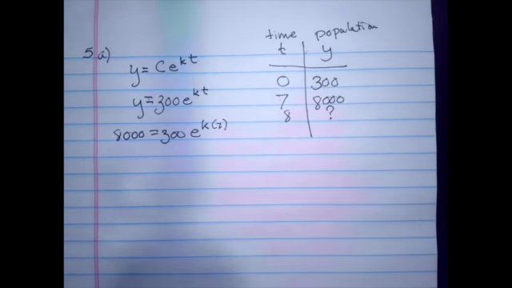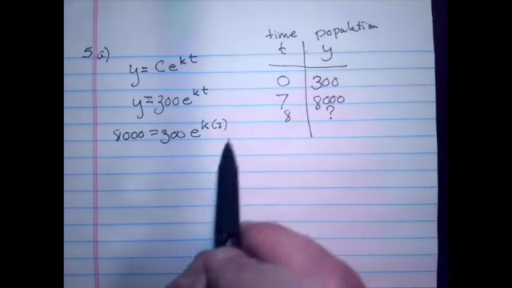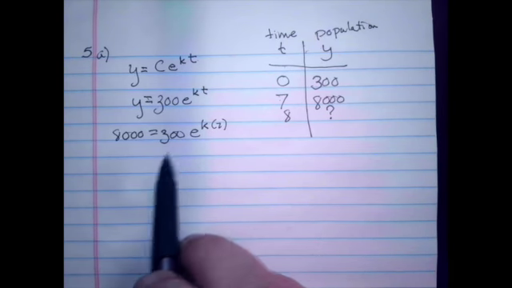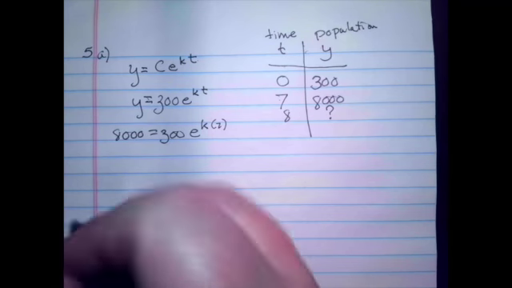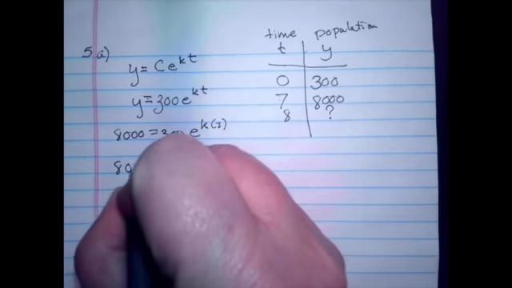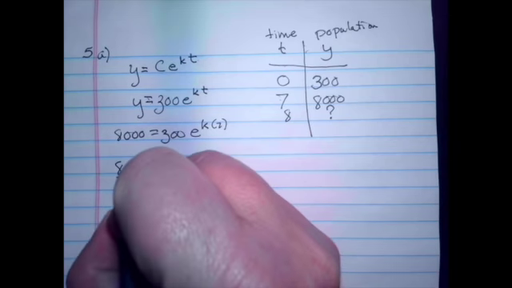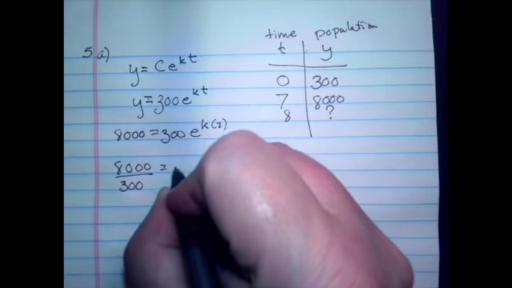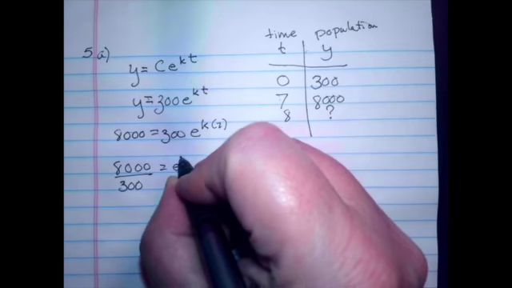And now we need to solve the resulting equation for k. So, peeling things away from the left side, the first thing we need to get rid of is 300. I'm going to divide each side of this equation by 300. And I'm going to write that as 7k.